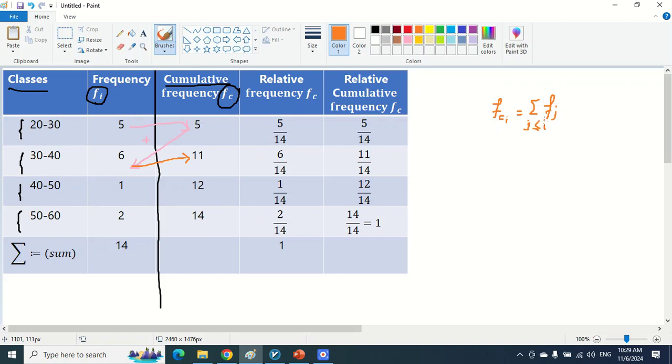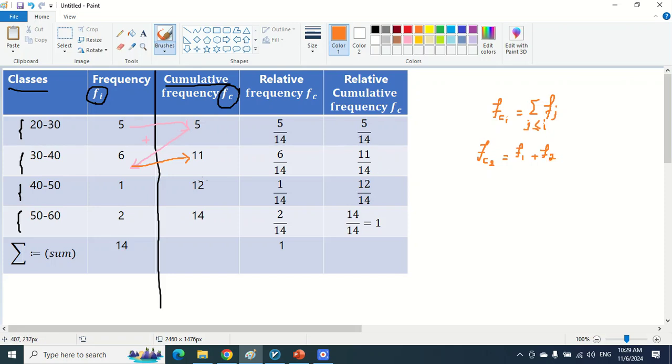For example, if I want to calculate F of C of 2, for the second class, it is equal to f1 plus f2, the first frequency added to the second frequency. It can be true for the rest.